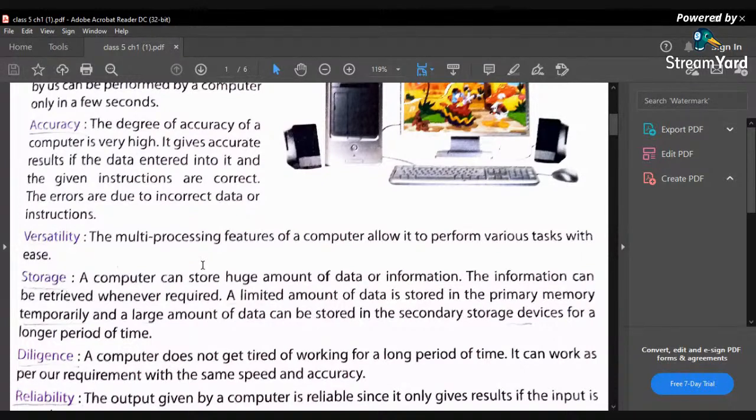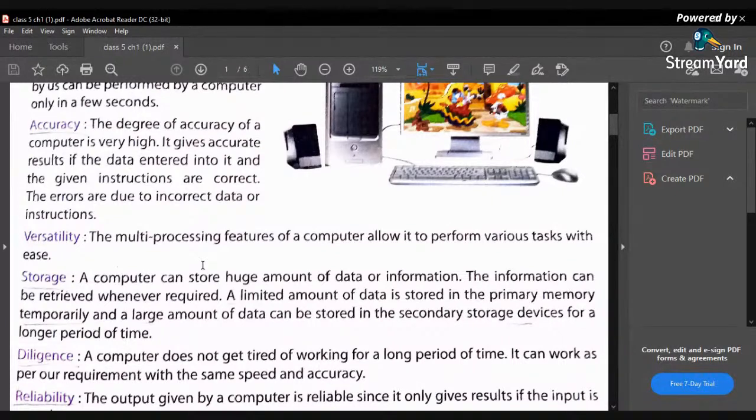Students, when you give instructions to the computer, it stores these instructions in its memory, and its memory is huge.